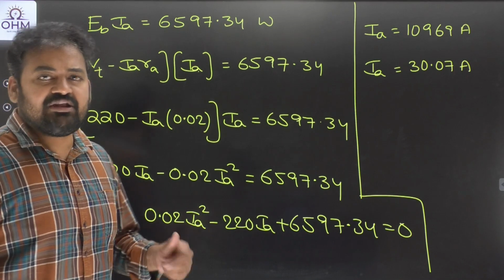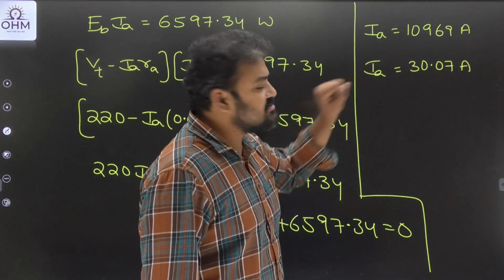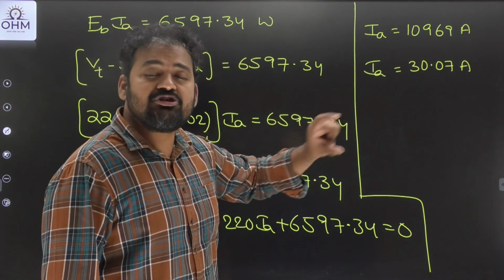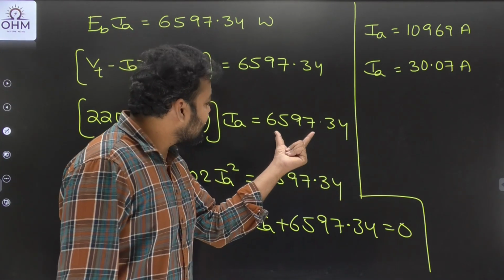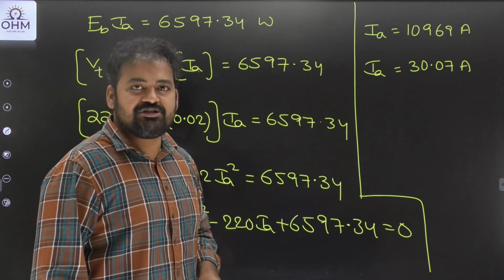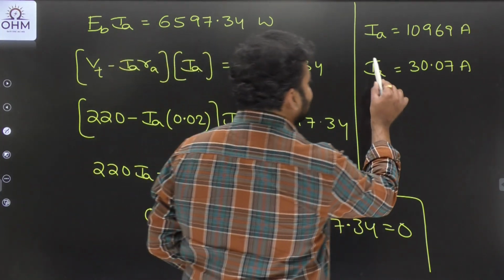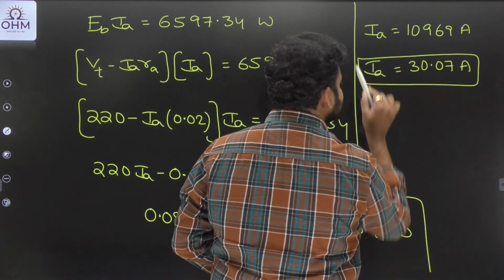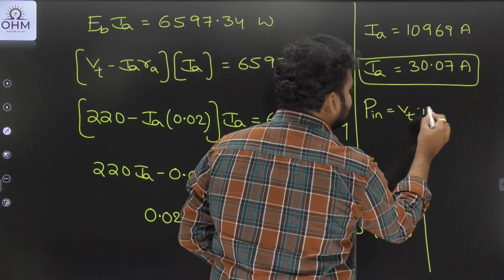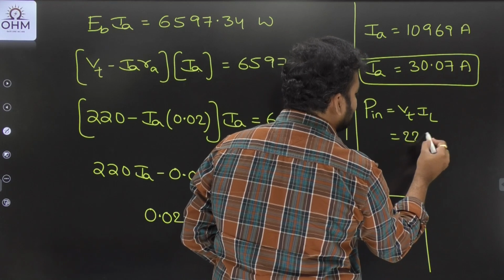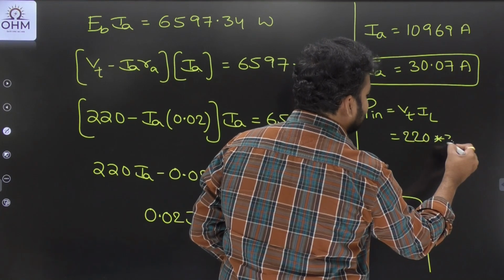How do we decide? Very simple. You take both options and understand which option will give you input power near to output power. What is the output power? 6597.34. So if I assume 30.07 as my answer, then what will be the input power? Input power is VT into IL. VT is 220, current is 30.07.